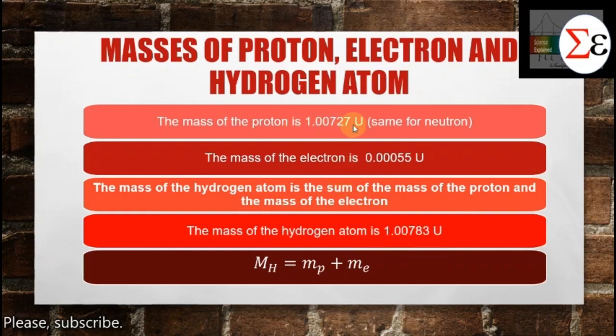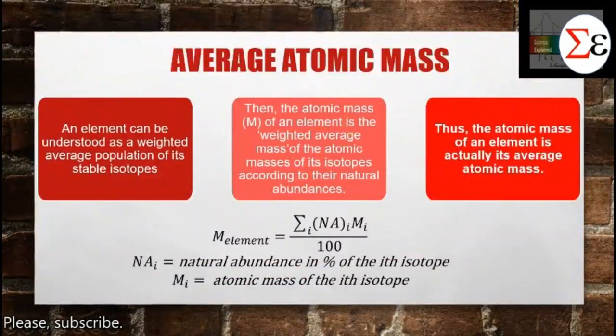Let's talk about the average atomic mass. An element can be understood as a weighted average population of its stable isotopes. Then, the atomic mass m of an element is the weighted average mass of the atomic masses of its isotopes according to their natural abundances.